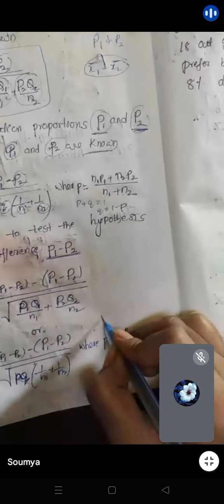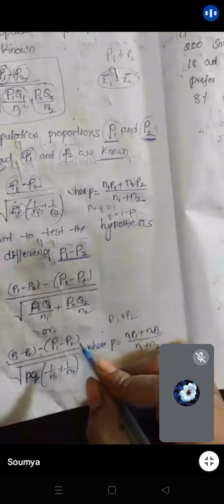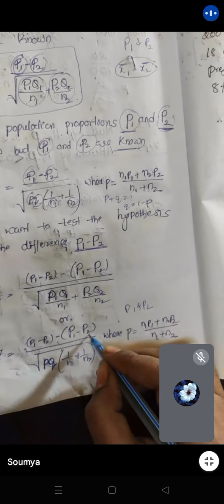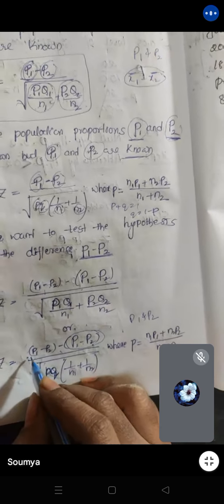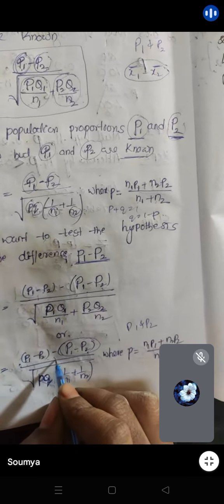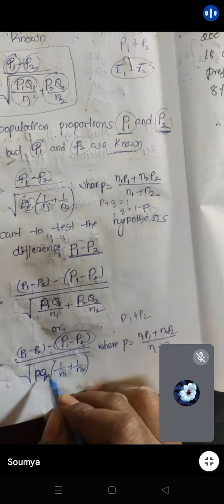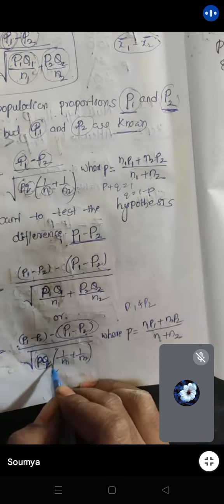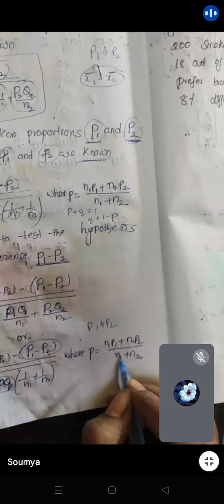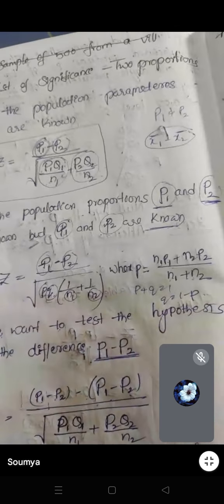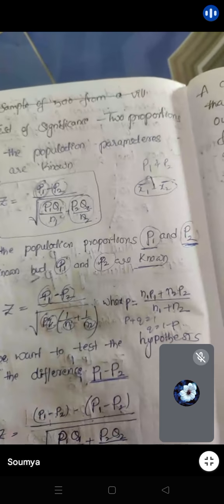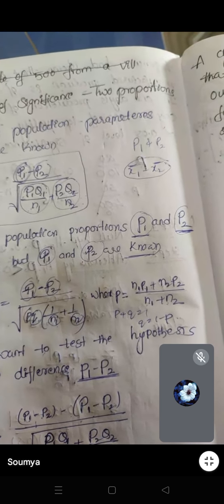If you don't know capital P1 and capital P2, for that also you have the formula: small p1 minus p2 minus (P1 minus P2). Here if you have small p and q, this is the formula for finding P. So you have to know this formula.